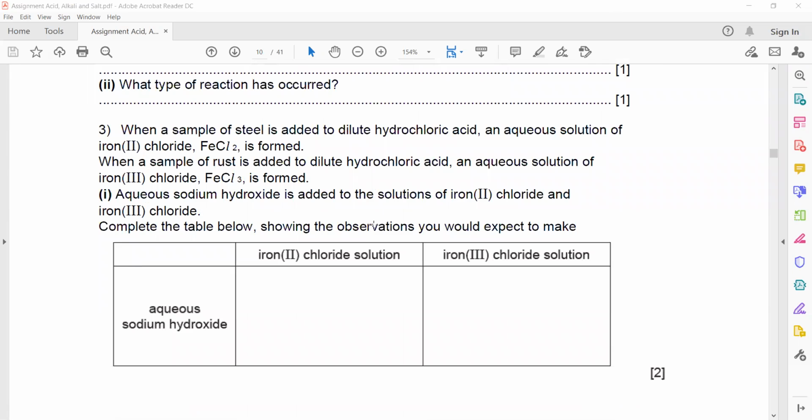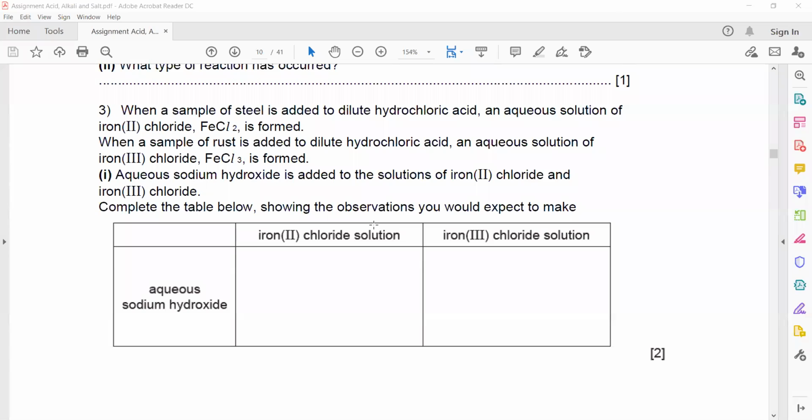Question 3. When a sample of steel is added to hydrochloric acid, it will form iron 2 chloride and iron 3 chloride. Aqueous sodium hydroxide is added to iron 2 chloride solution and iron 3 chloride. What will we observe with iron 2?